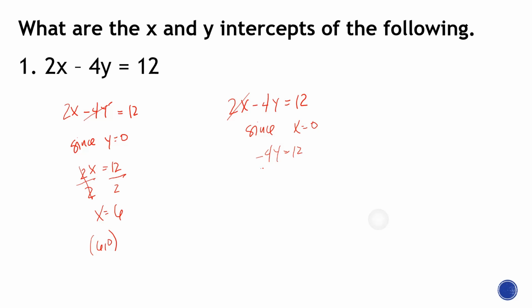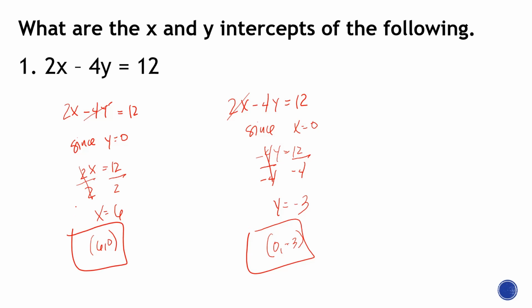Of course, we're solving for y here. Division property of equality, divide both sides by negative 4. Therefore, y is equal to negative 3. And we will not leave the answers like that. We need to express that as a coordinate in the Cartesian plane. Okay, so those are our x and y intercepts.